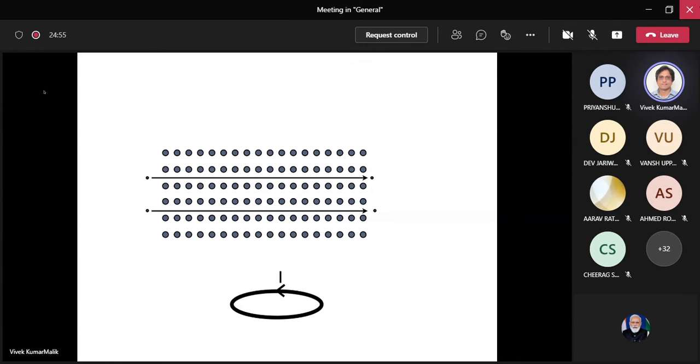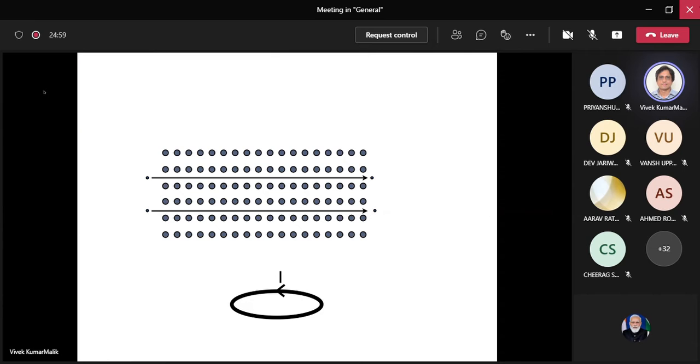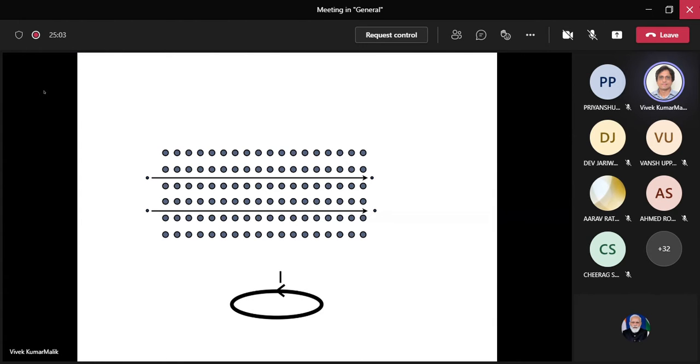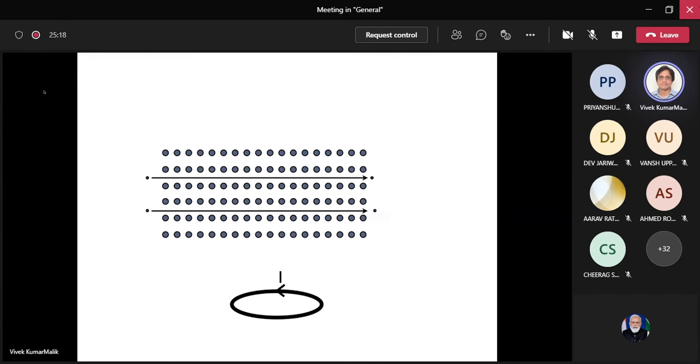In solids, the density of atoms or ions is of the order of 3 × 10²⁶ per meter cube. So many atoms are present, and if you assume that the electrons are flowing without any resistance, this is really difficult to understand.